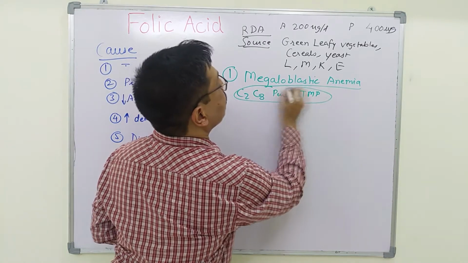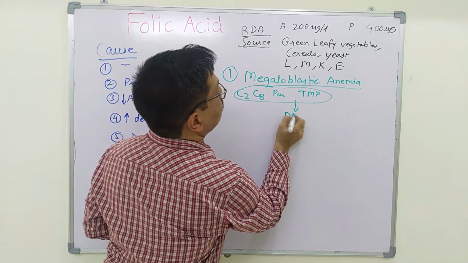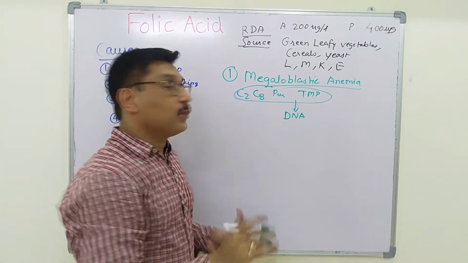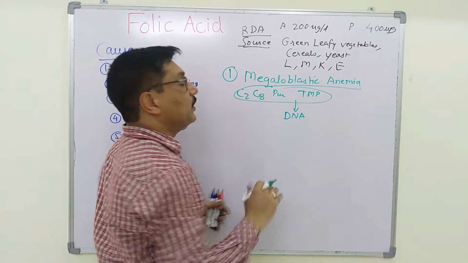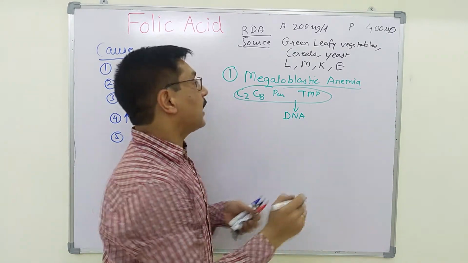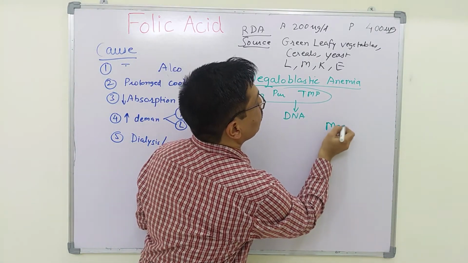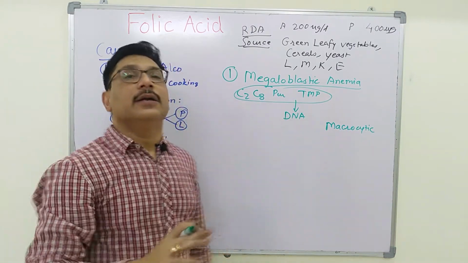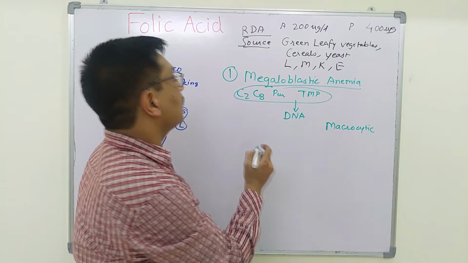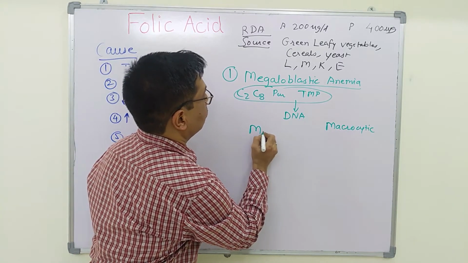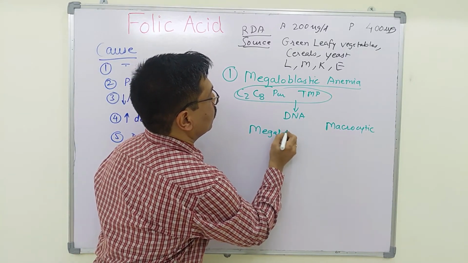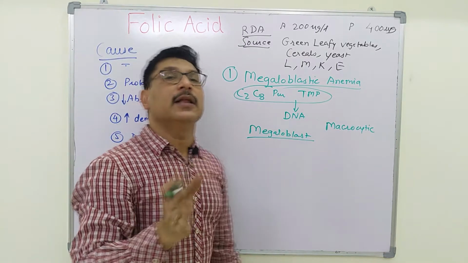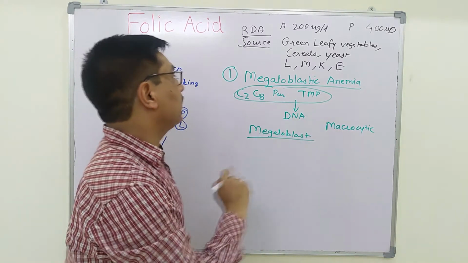These are required for synthesis of DNA. In case of folic acid deficiency, the DNA is not properly formed, the nucleus is small, cytoplasm is large, the cells are macrocytic. The rapidly dividing cells are most commonly affected, and there occur megaloblasts, immature large cells in bone marrow as well as peripheral circulation.